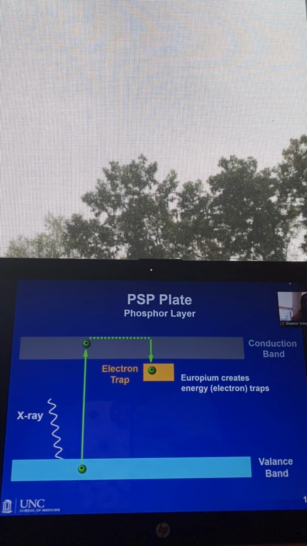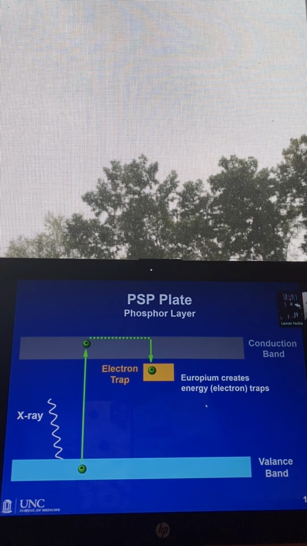All right. So what you're looking at here is just a very simplified illustration of what takes place in the PSP plate. Okay. An X-ray will come in and it will interact with the barium fluorohalide crystal. So there are crystals in here.